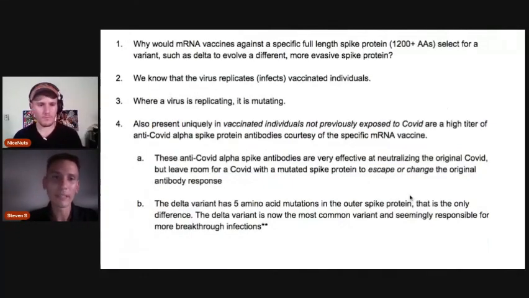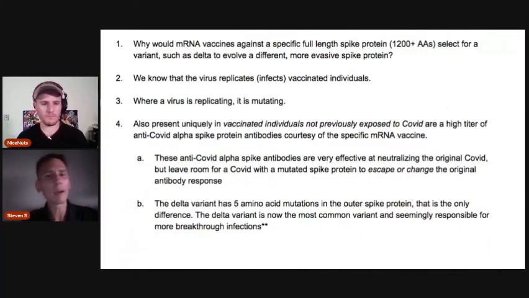This slide is just re-emphasizing what we just talked about, and it does explain the Delta variant. It's not a coincidence that the Delta variant has amino acid changes only in its spike protein. Besides that, it's similar. That's really interesting.